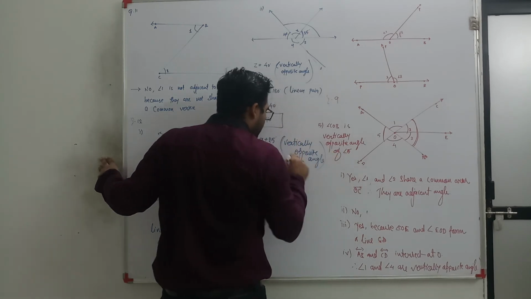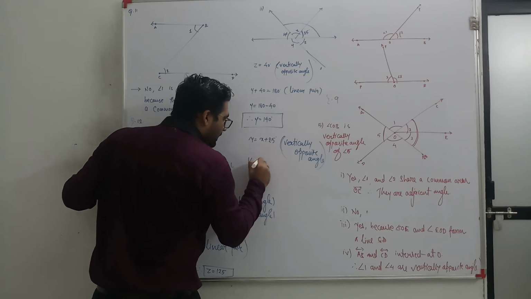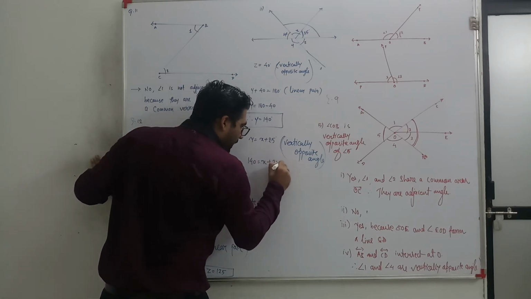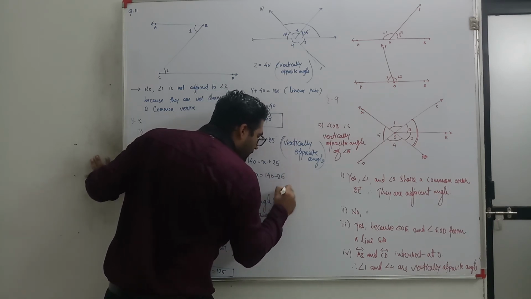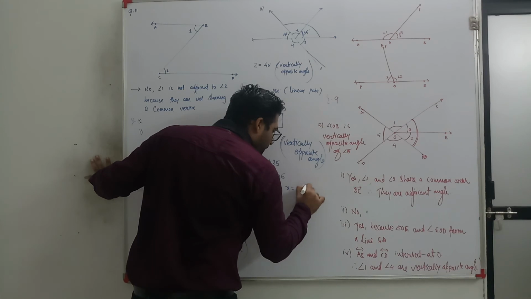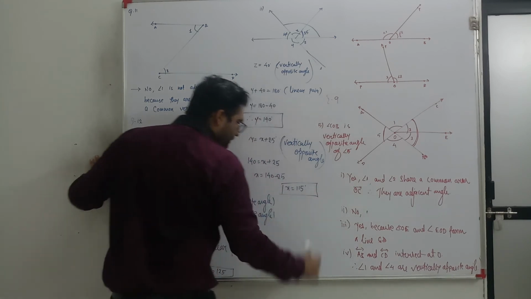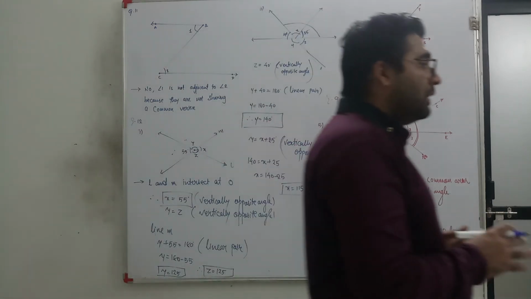And here the value of y is 140, which is equal to x plus 25. So x is equal to 140 minus 25. So here I am writing like this: x is equal to 115 degree. So here I have solved all the questions.